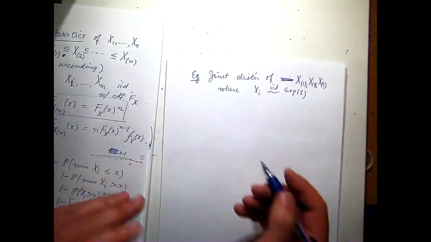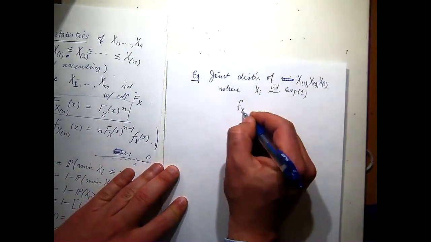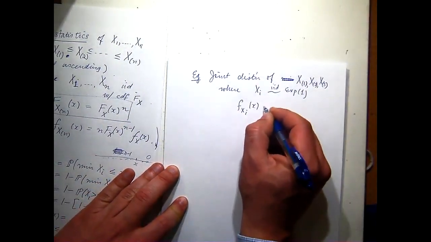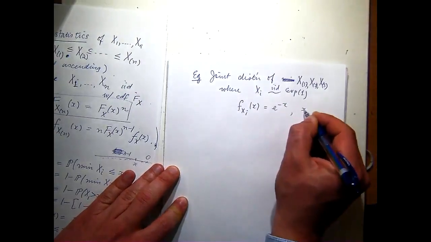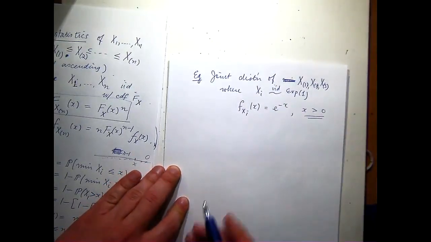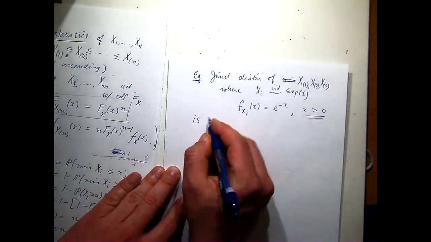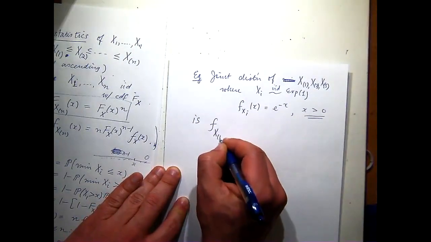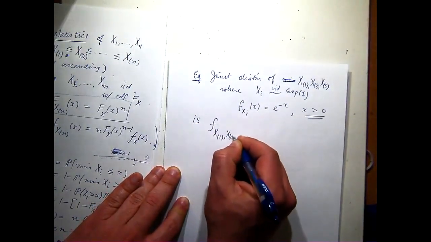This is an easy case because the density of each of those xi's is e to the minus x, where x is positive. So that will still have to be reflected in the final solution, x1, comma x2, comma x3.